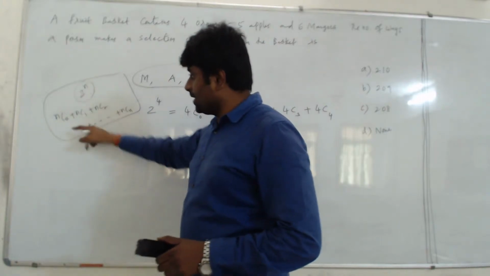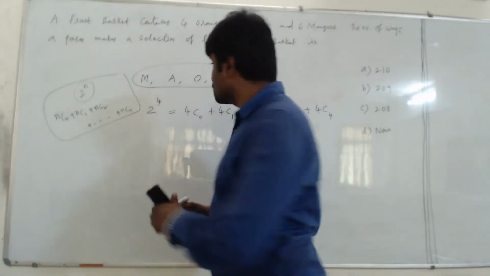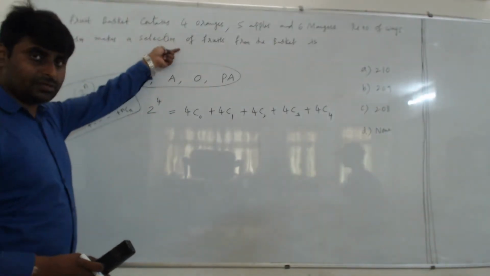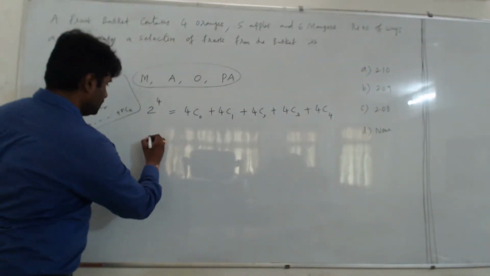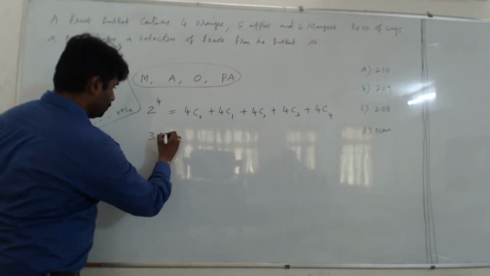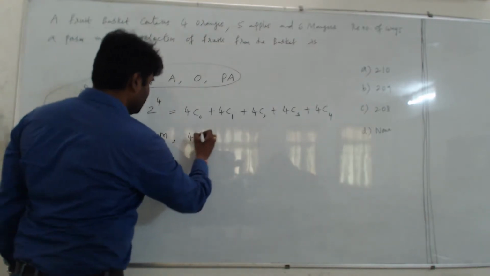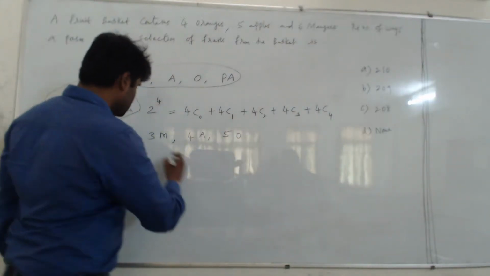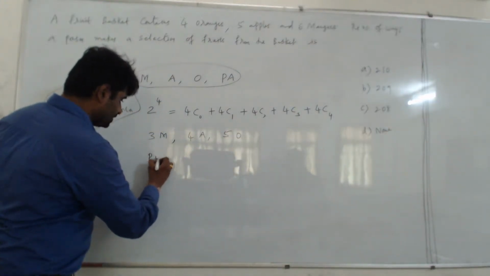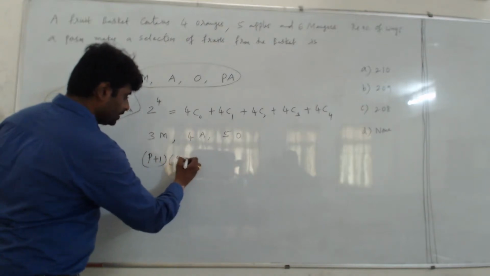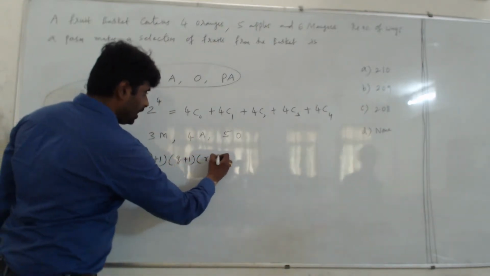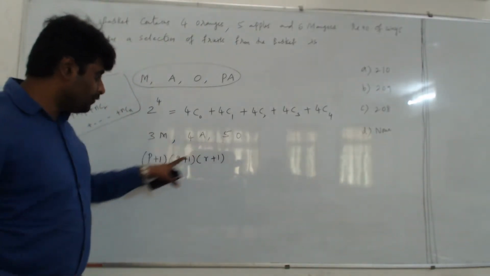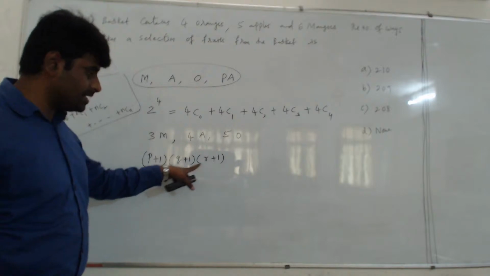2 power n. Now in the same way, when we have categories of things, for example 3 mangoes, 4 apples, and 5 oranges are there, then the number of ways will be (p plus 1) (q plus 1) (r plus 1). So when you have categories of things, the formula will be (p plus 1) into (q plus 1) into (r plus 1).